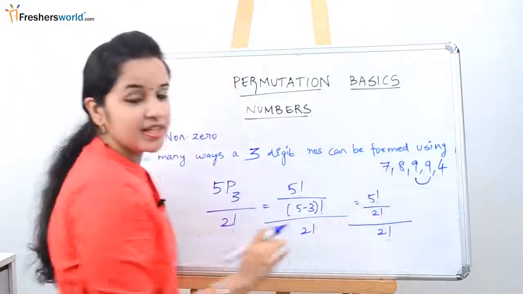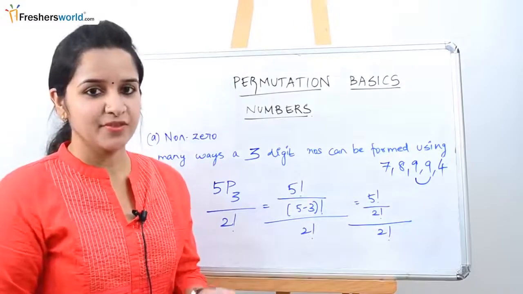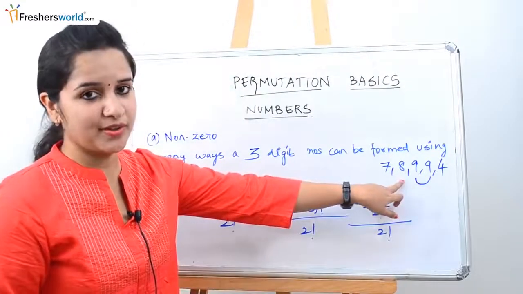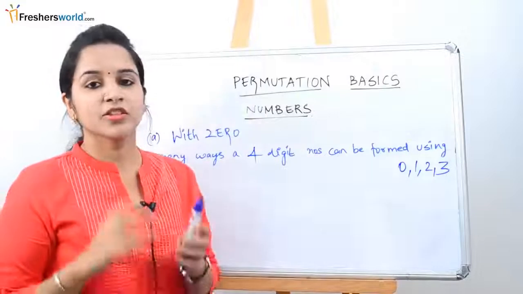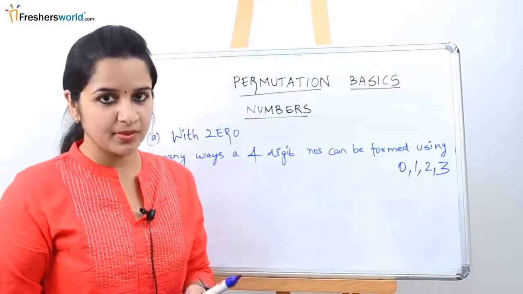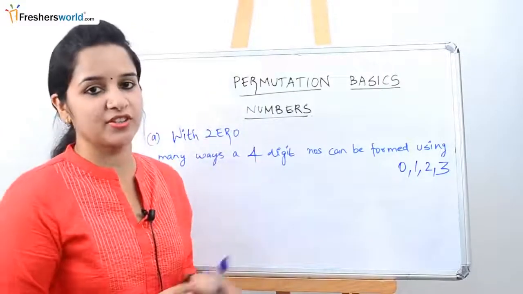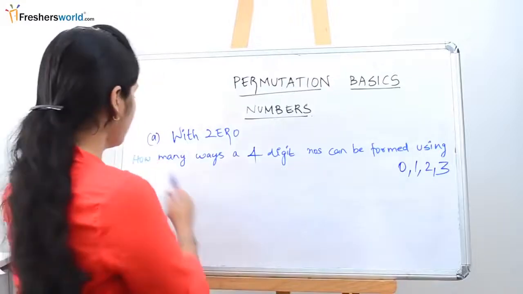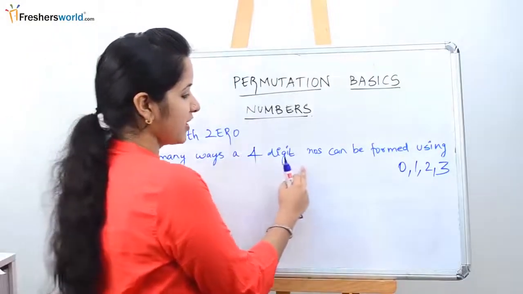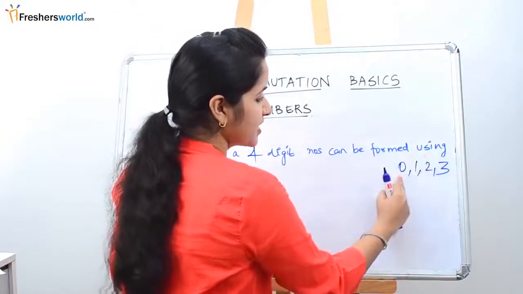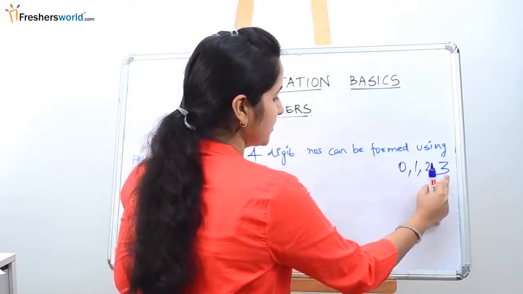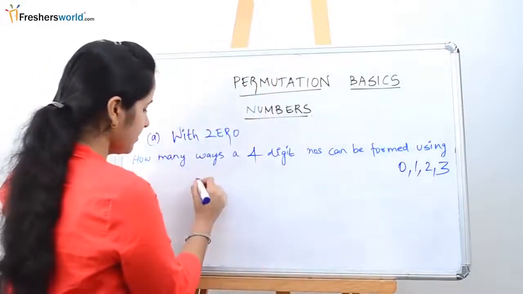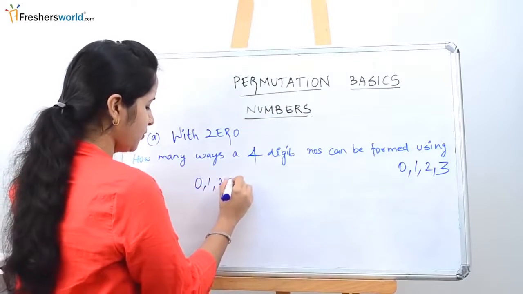Next, we will deal with the sums where there is 0 in the question. So the next type of sum we see in numbers is with 0 in the question. Let's take an example. How many ways can a 4-digit number be formed using 0, 1, 2, 3? What are the numbers they have given? 0, 1, 2, 3.